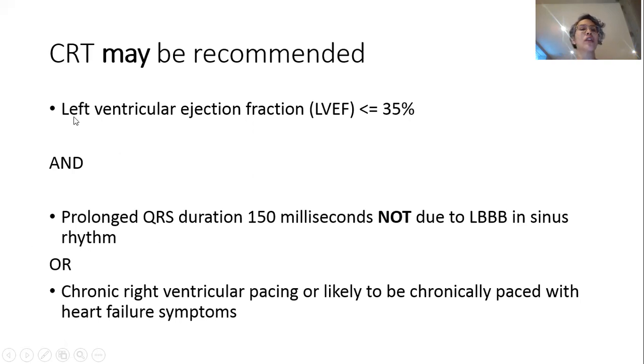Or you could have patients that have a left ventricular ejection fraction of less than or equal to 35%, and they have chronic right ventricular pacing or are likely to be chronically paced with heart failure symptoms.